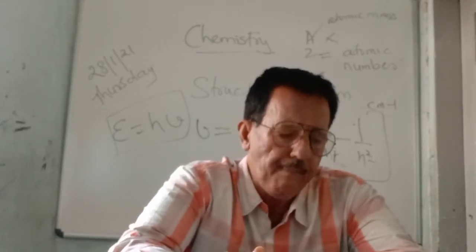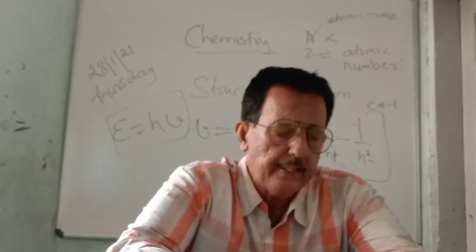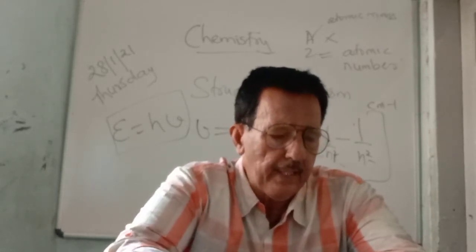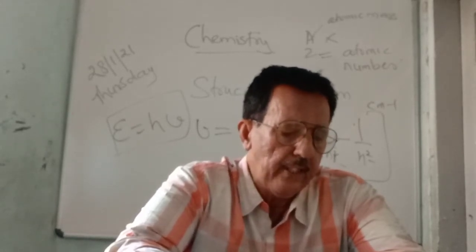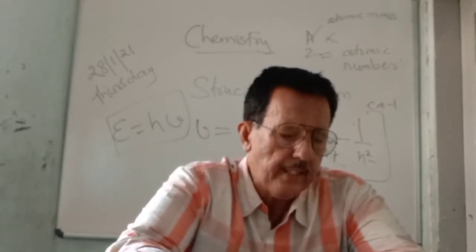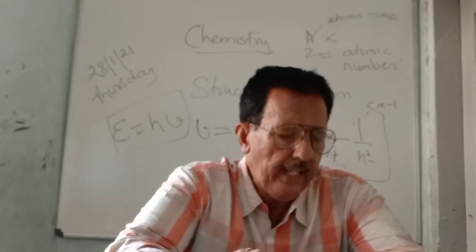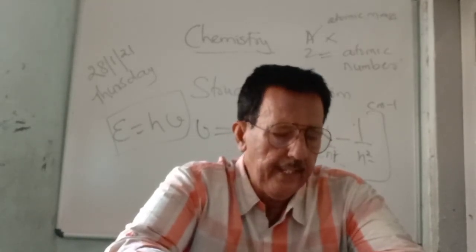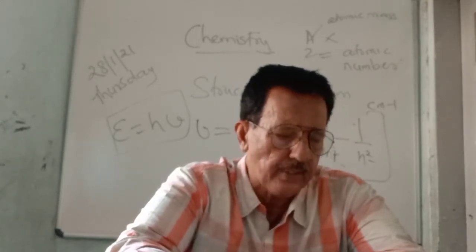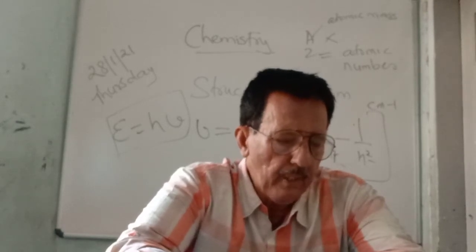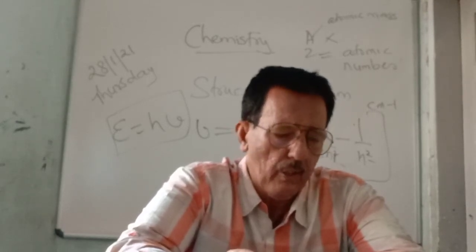Now the next topic I am going to discuss is atomic number and atomic mass number. The atomic number is denoted by Z. The atomic number of an element is equal to the number of unit positive charges, or number of protons, present in the nucleus of an atom of an element. Since an atom as a whole is neutral, it possesses an equal number of electrons in the extra-nuclear region. Therefore Z equals number of protons equals number of electrons.